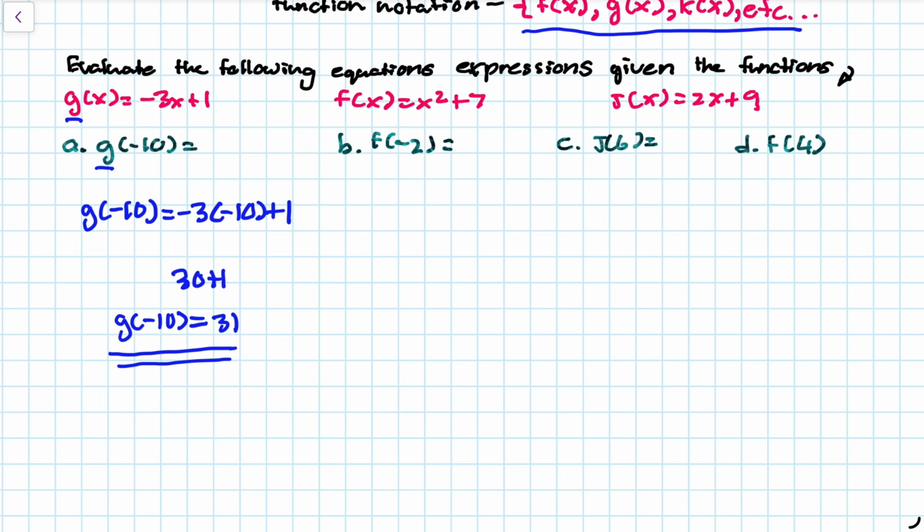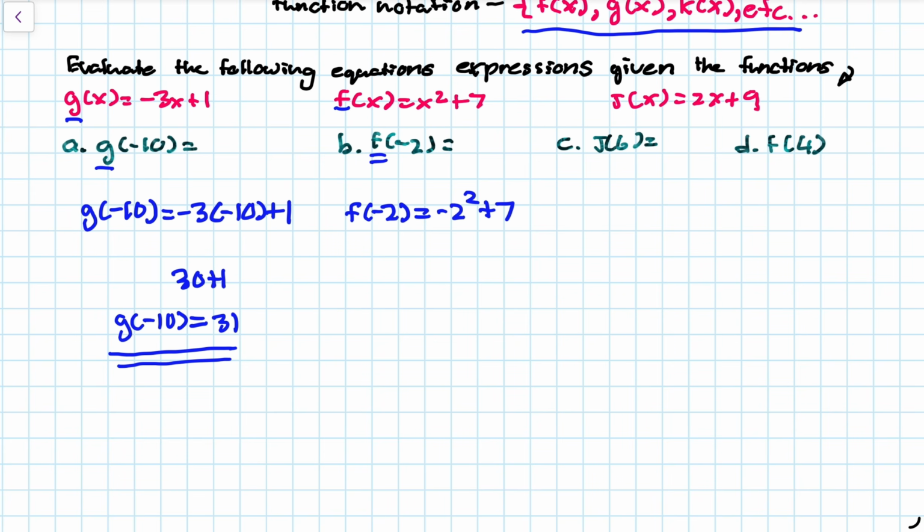Okay, now let's try the other equation. So now it gives you an f. Okay, so it matches right over here. Okay, so f of negative 2 equals, okay, so this is an exponent. So you're going to plug in negative 2 squared plus 7.